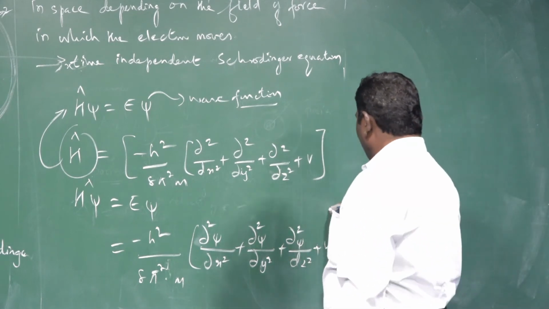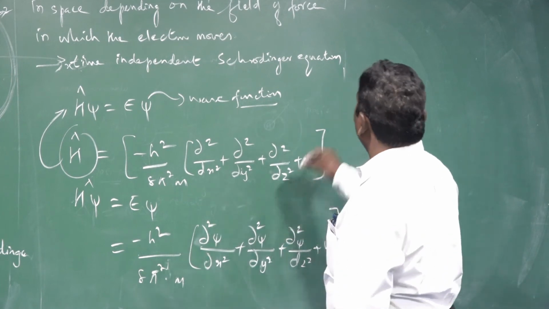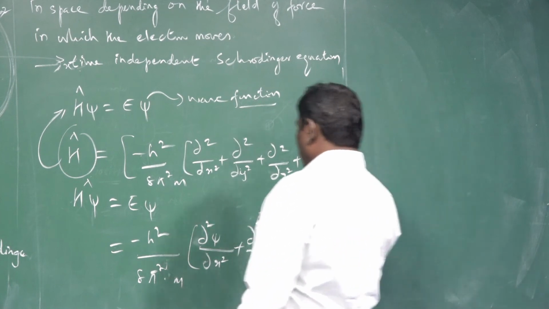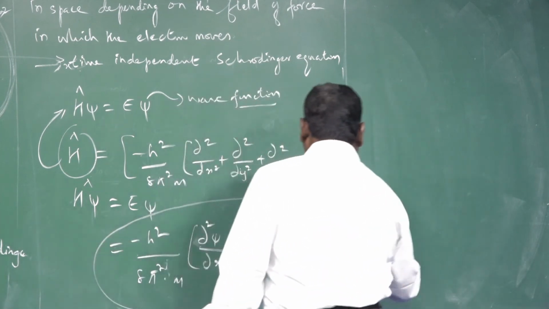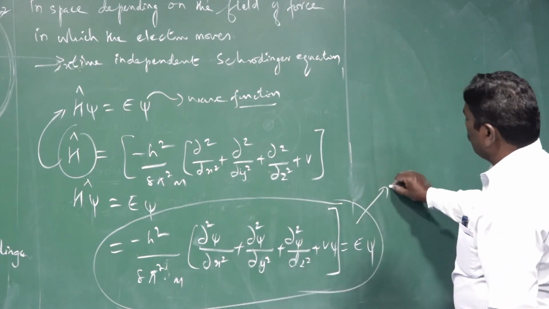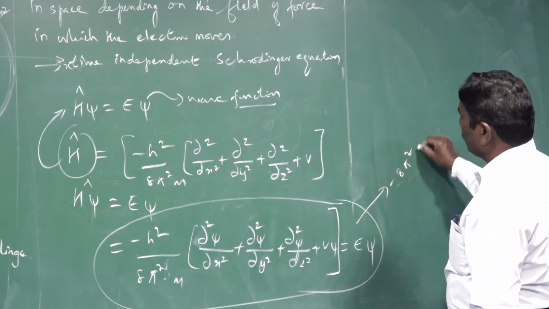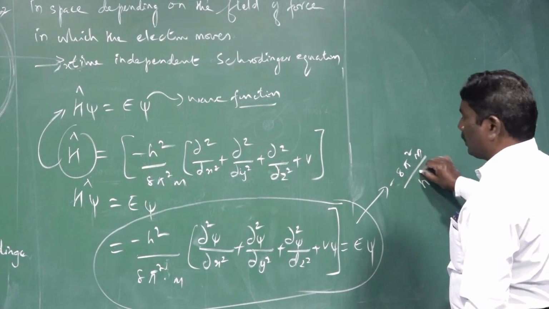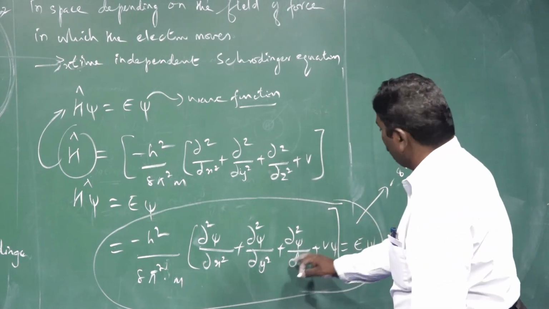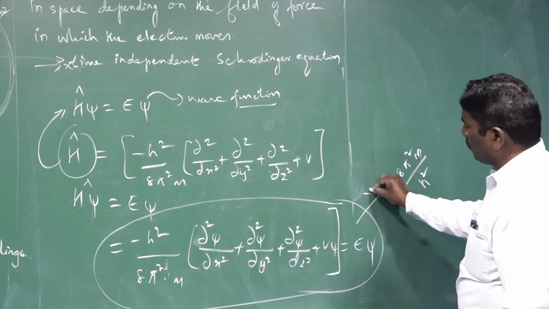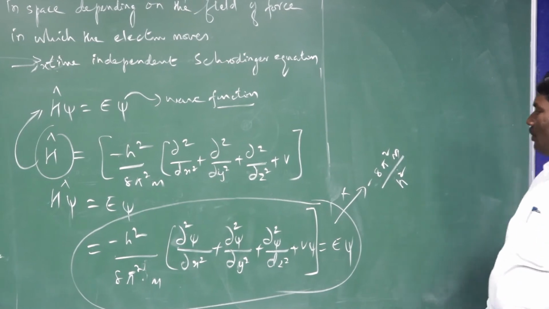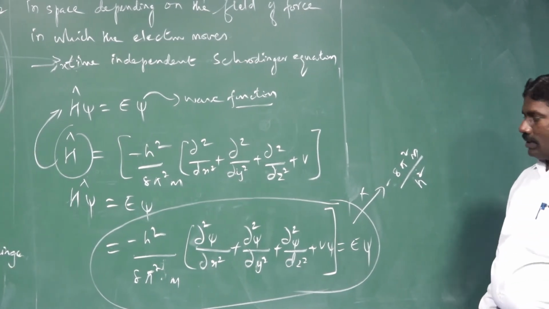Now this entire equation is multiplied by minus 8 pi square m divided by h square. You substitute this value and multiply it, and finally you will get the values. What is that value?